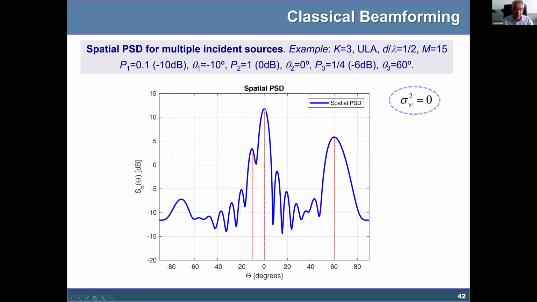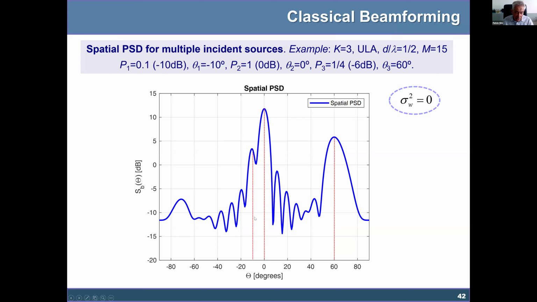Now, if the distance between source 1 and source 2 is smaller, because source 1 is 10 dB weaker than source 2, you can see that now, because of the side lobes of the stronger source, which is source 2, this peak is not at the true value, which is minus 10 dB.